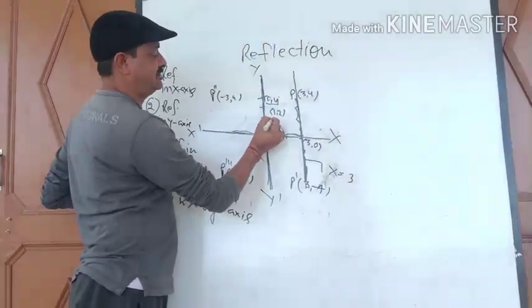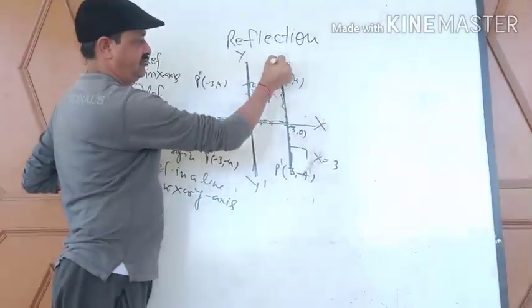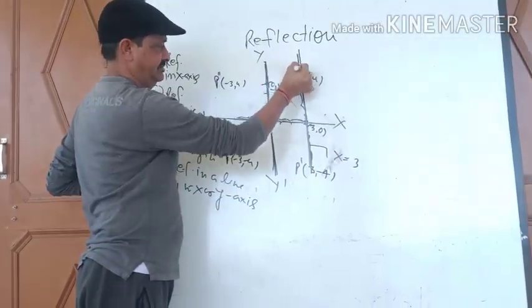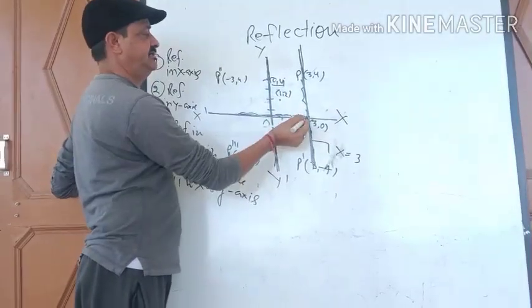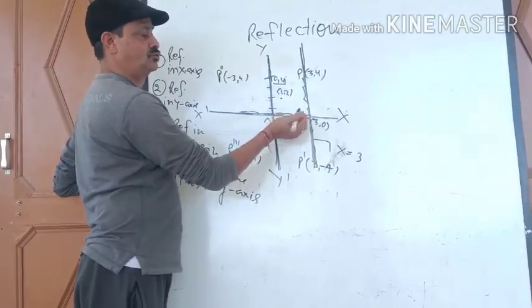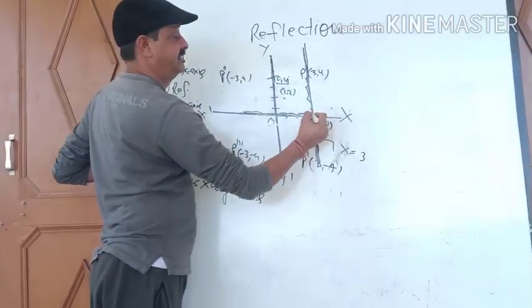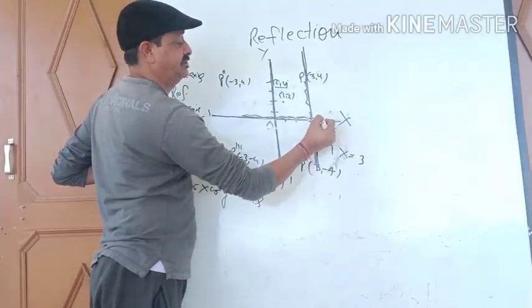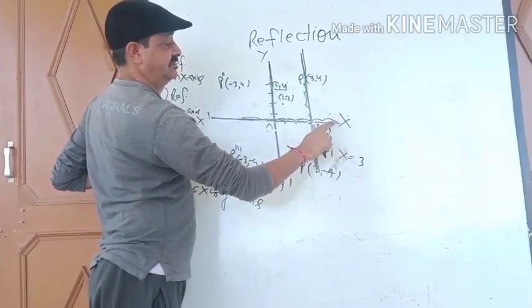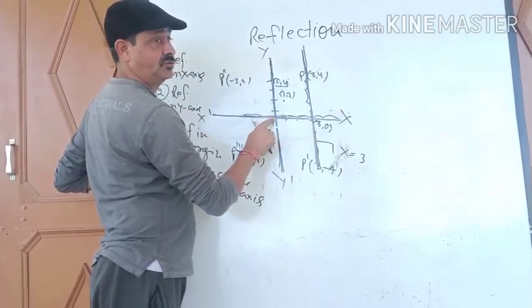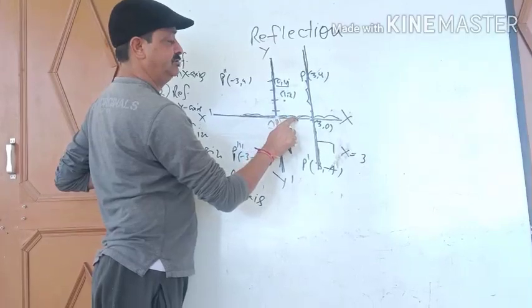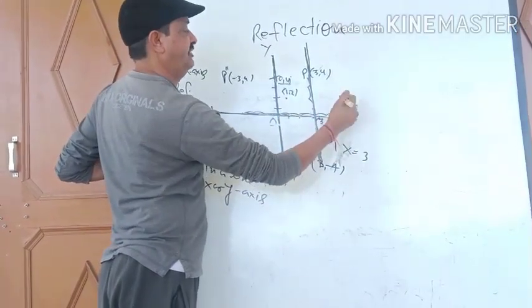Look at the position of this point from this line, which is the mirror line. जहाँ से reflection हो रहा है, so it is 2 units towards the left of it, so its image will be 2 units right of it, and the points are measured from the origin, so the image will be 1, 2, 3, 4, 5, that is 5, 2.